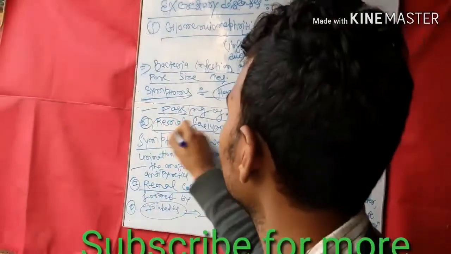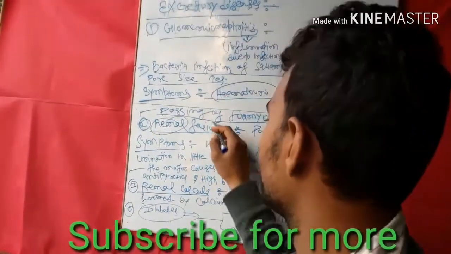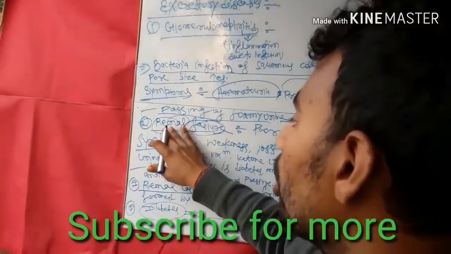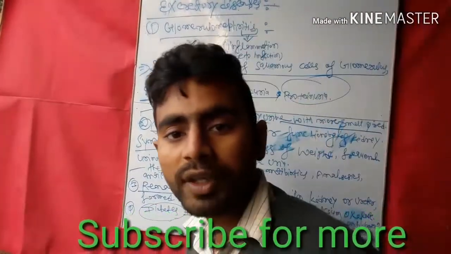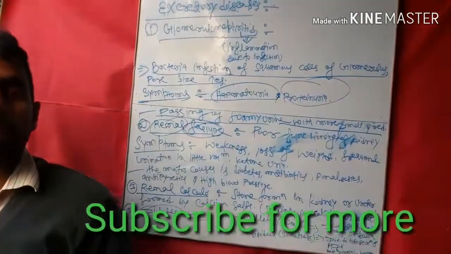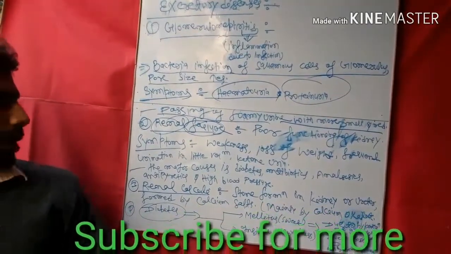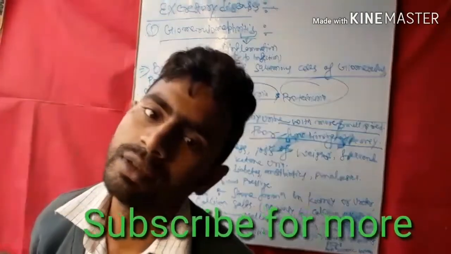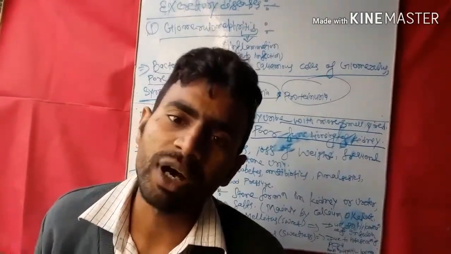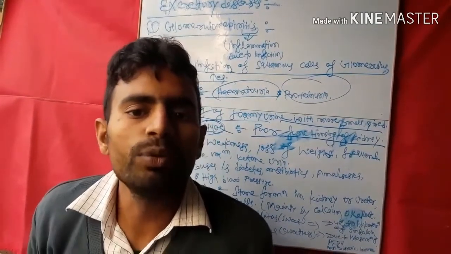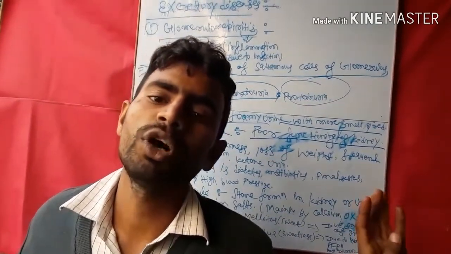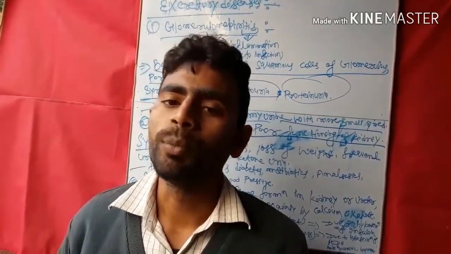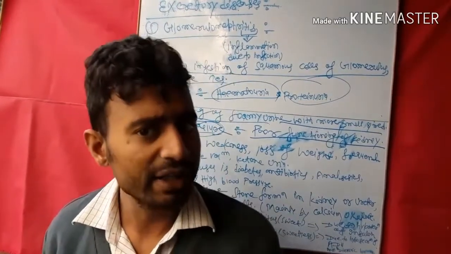Renal means kidney, and failure means poor functioning of the kidney. Poor functioning of the kidney is called renal failure. How will we identify whether the kidney is working normally or not?